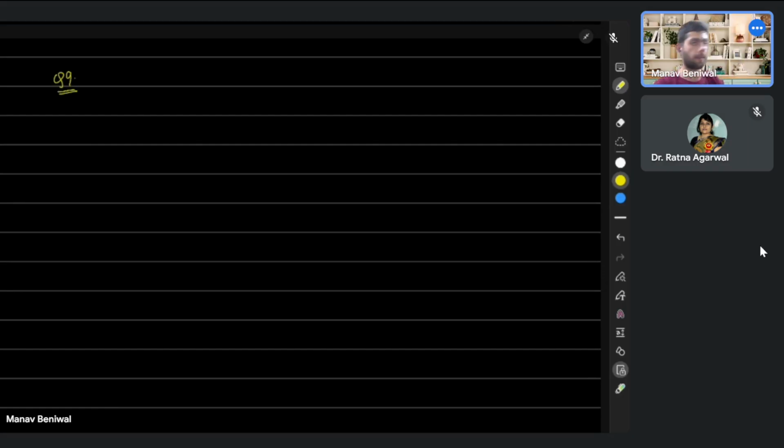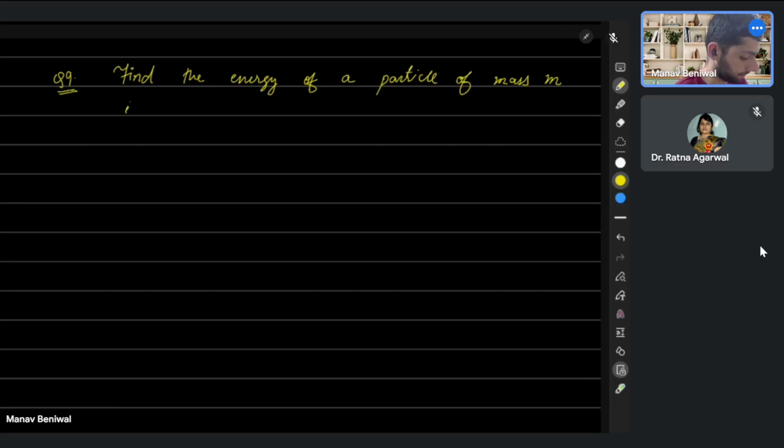Question 9. Find the energy of a particle of mass m in a one-dimensional potential well, a 1D potential well, and the length is given to be L, with the following boundary conditions.